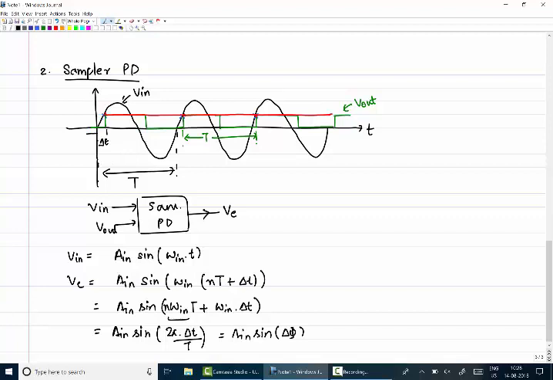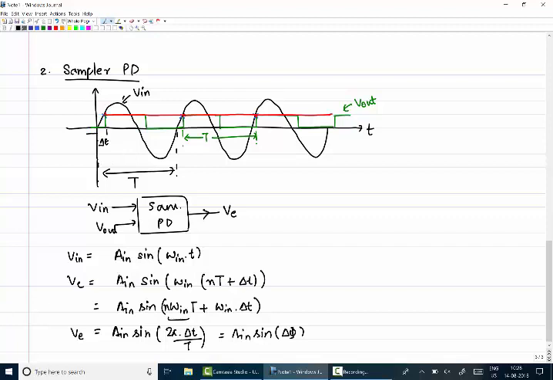Okay, so the only thing you are right now seeing is that this phase error detector has only one component, in contrast to the previous phase error detector which has both 2 omega and we looked at the average value, right? Here if the two frequencies are the same, then you have a constant value.